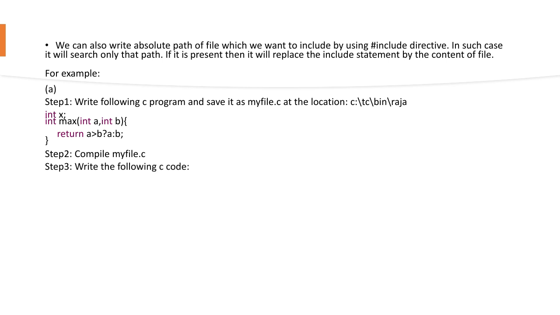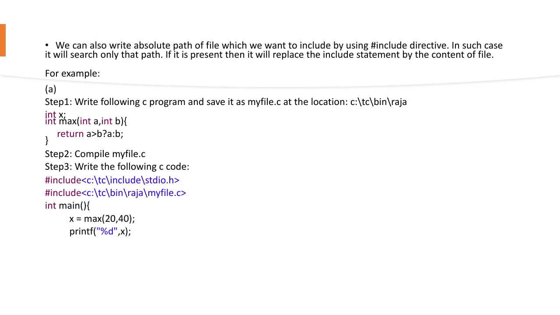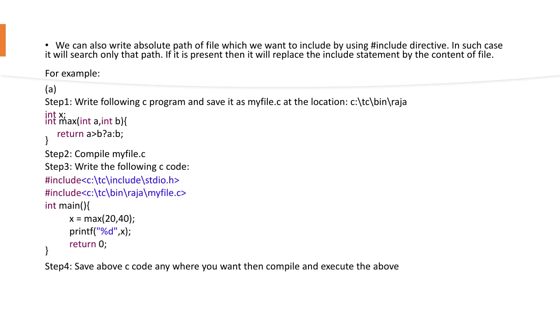Then write #include stdio.h, #include myfile.c, and max(20, 40) in printf. Step 4, save the above C code anywhere you want, then compile and execute. The output should be 40, isn't it? Because 40 is the maximum.